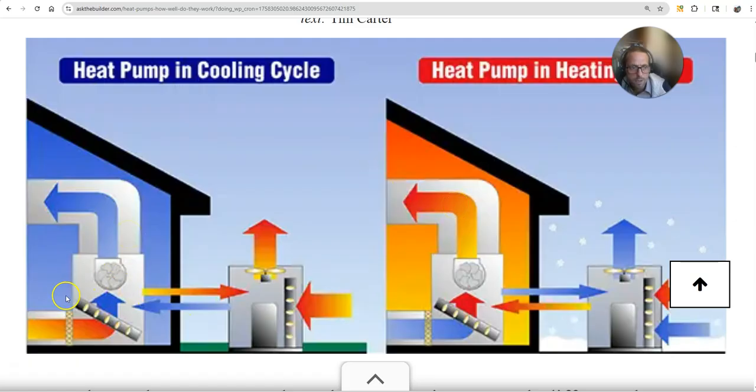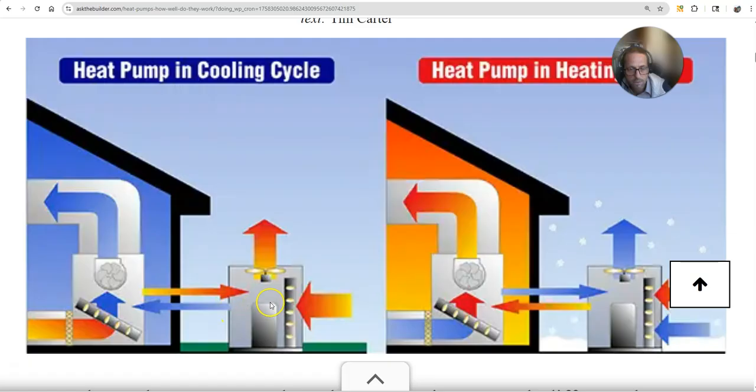On the left, what's actually happening is this indoor unit has coils inside, A coils, if you've ever seen those. The coils take heat from the air, you dump it into your refrigerant, and then the refrigerant goes outside through the refrigerant lines, and it condenses.